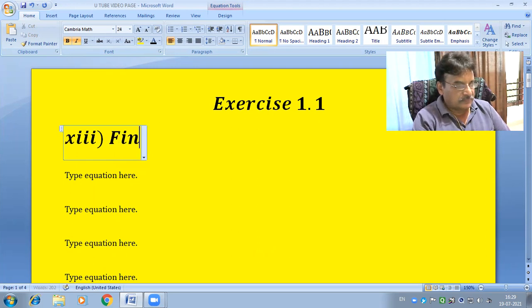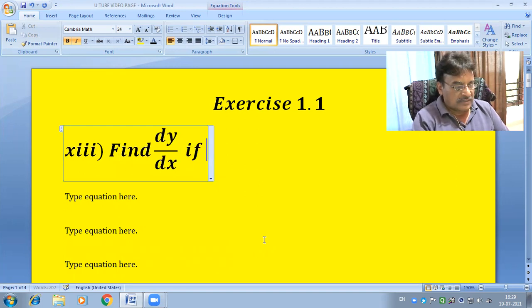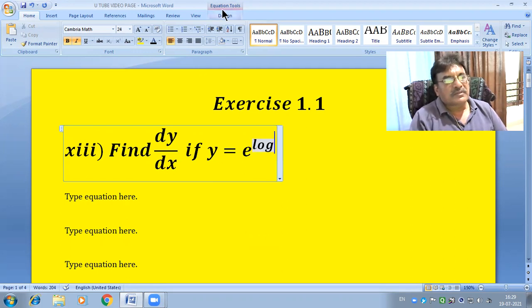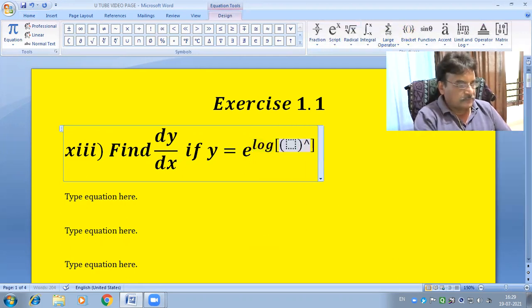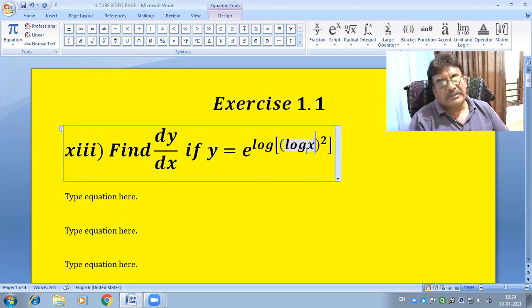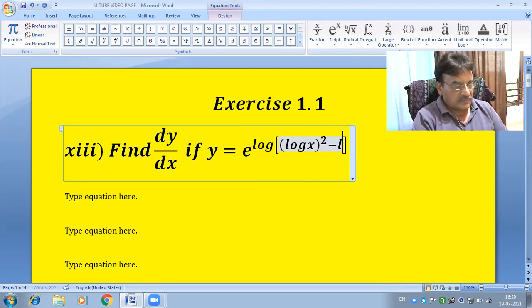To find dy by dx, if y is equal to e to the power log of (log x)² minus log x².